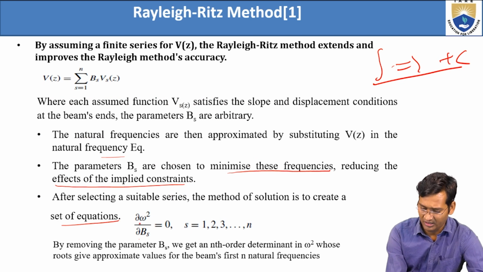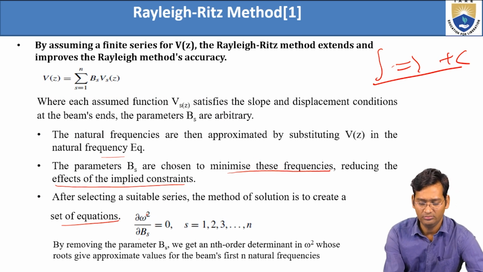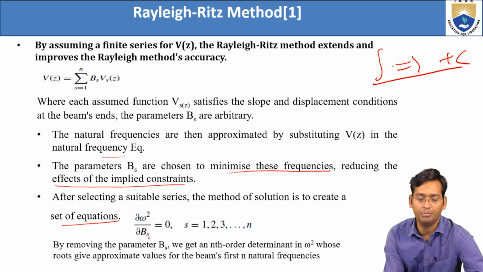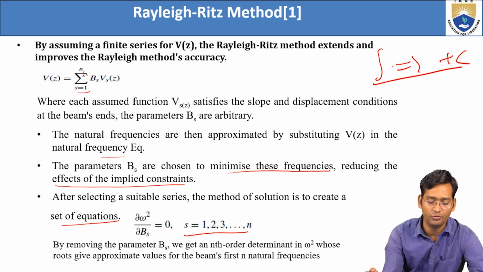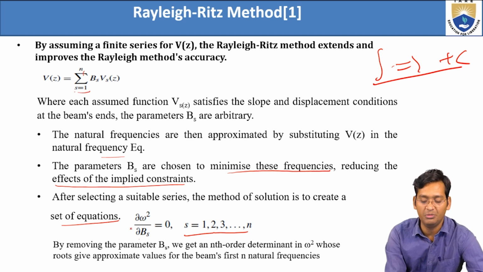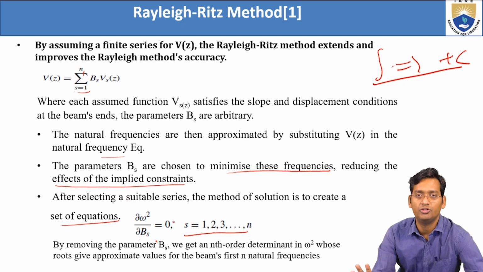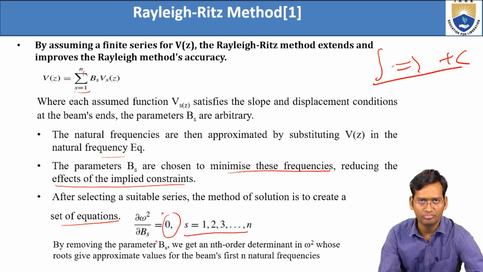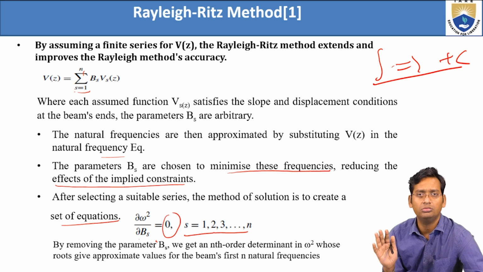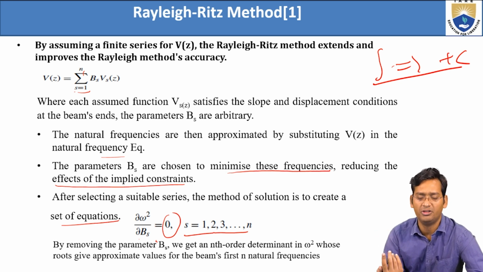So after finding omega square, del omega square by del B_s equals to 0, where S is what? 1, 2, 3, and so on, already here S equals to 1 to n. So del omega square by del B1, del omega square by del B2, del omega square by del B3, and so on, that should be equal to 0, right? So once this will be 0, that parameter got removed because we differentiated with that parameter. So wherever that parameter will be there, that becomes 1.